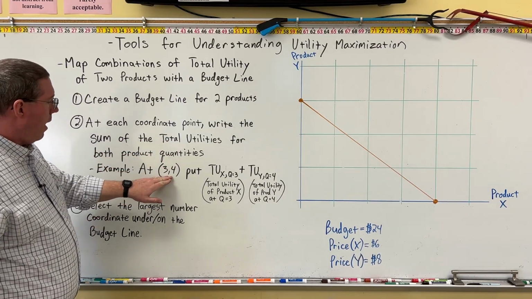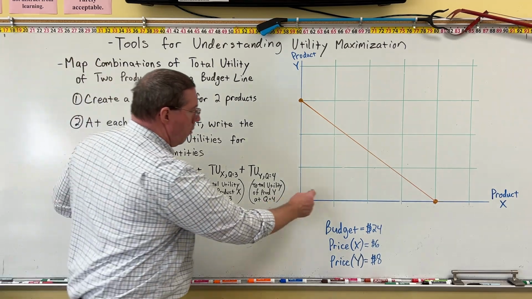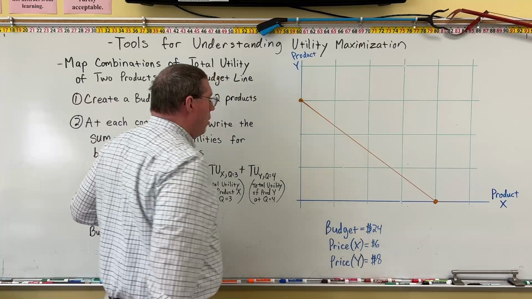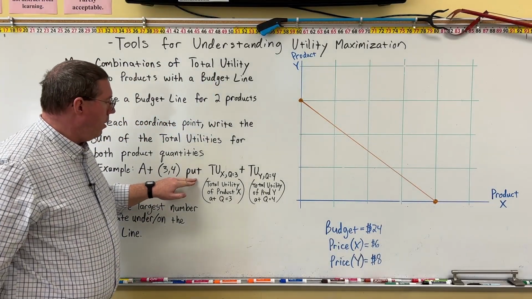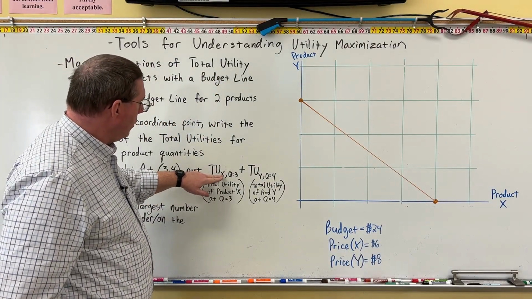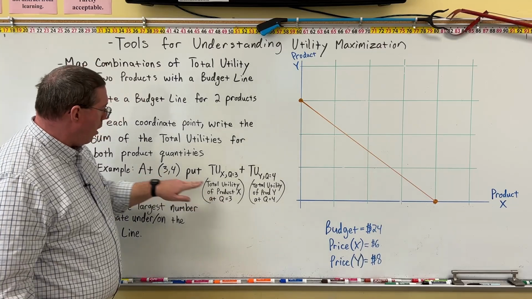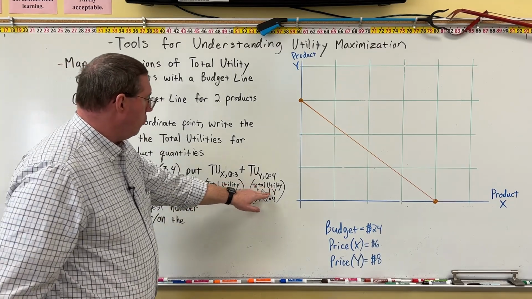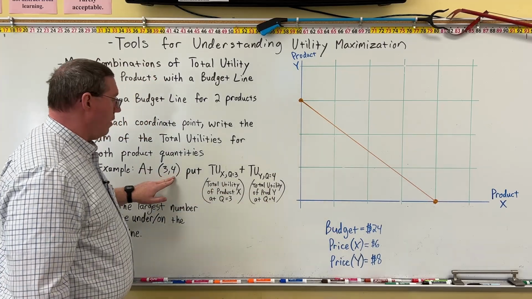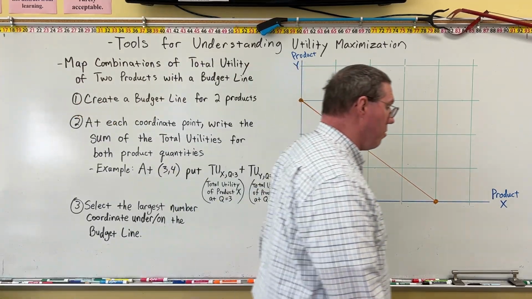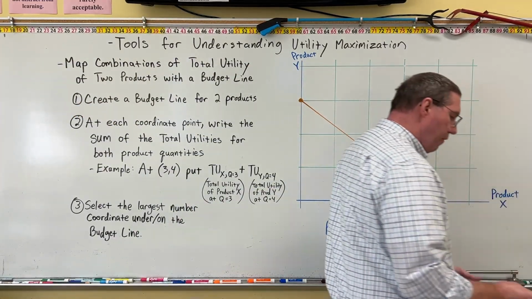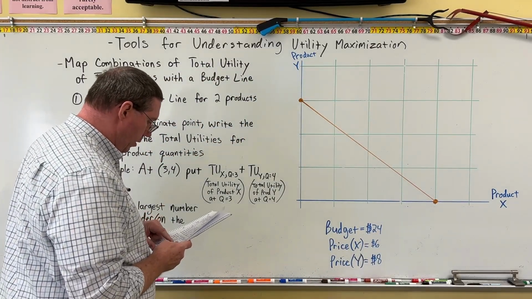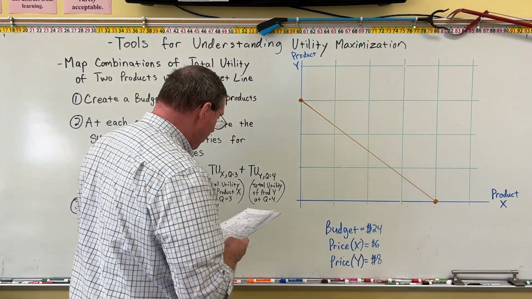So for example, at the point 3, 4, 1, 2, 3, 1, 2, 3, 4, right here, we're going to take the total utility of product X at a quantity of 3 and add to that the total utility of product Y at a quantity of 4. Well, let's look back to our notes. Let's see, at a quantity of 3, our total utility was 96.